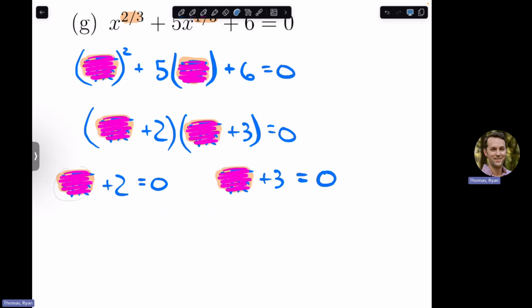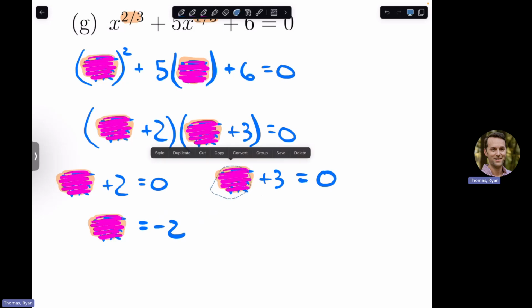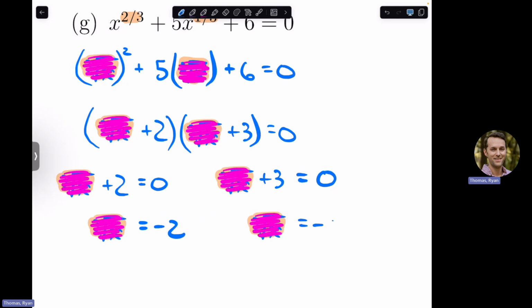Which means that could be -2 or -3, right? If I move the plus 2 and the plus 3 to the other side of the equation. So if whatever this pink blobby thing is -3, then this would be 0, which would make this 0, which would make the original thing 0, right? That's what we're saying.